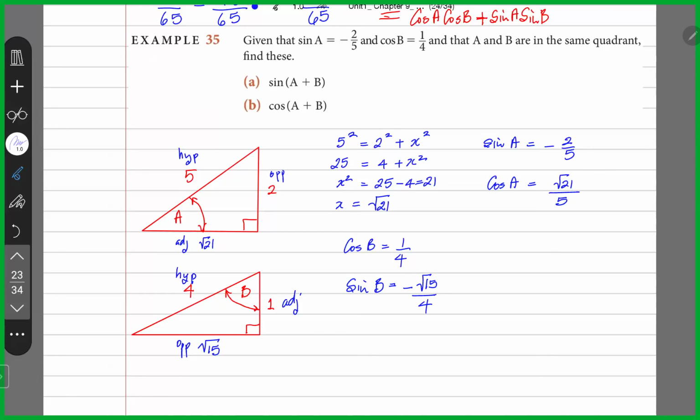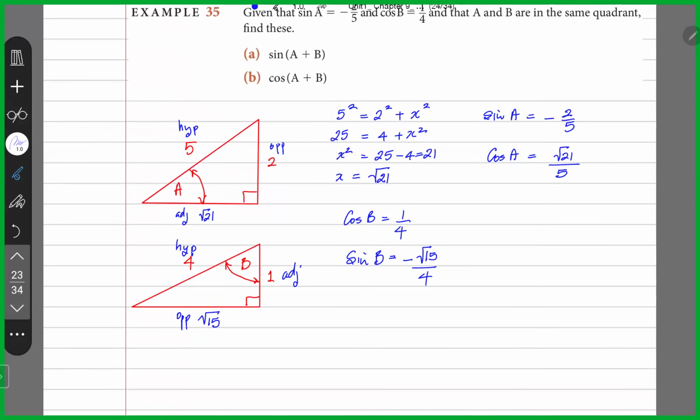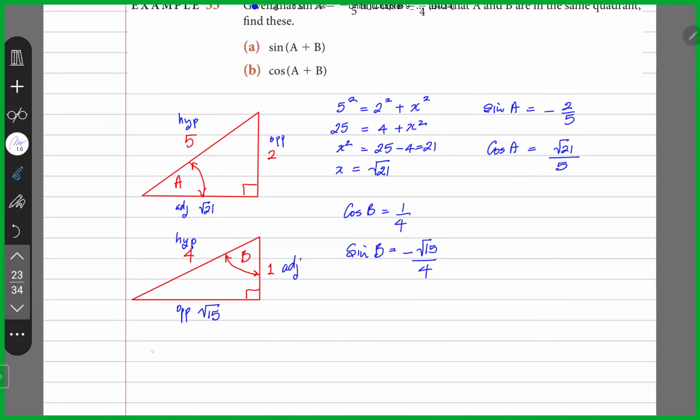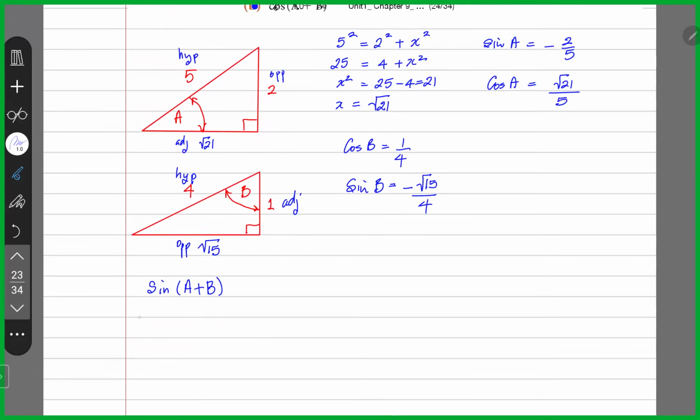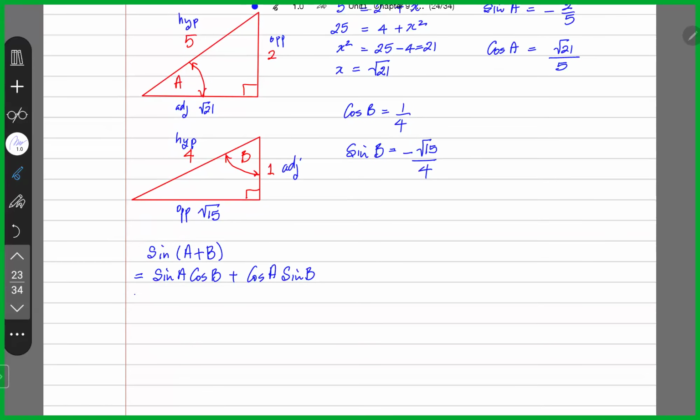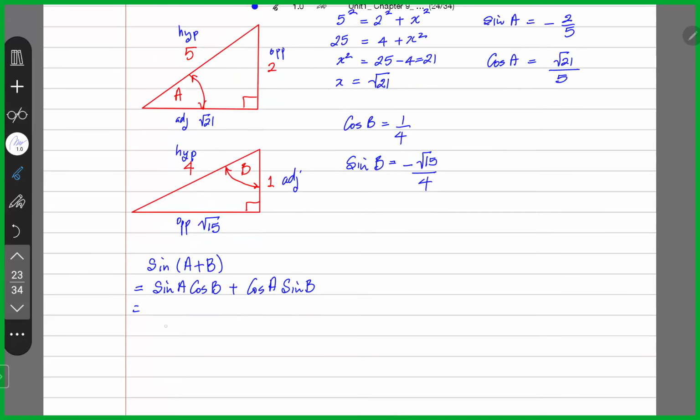Next, we're asked to find the value of the sine of A plus B using the compound angle formula. The sine of A plus B is the sine of A, the cosine of B, plus the cosine of A, the sine of B. Substituting in our values, we have the sine of A is minus 2 over 5.